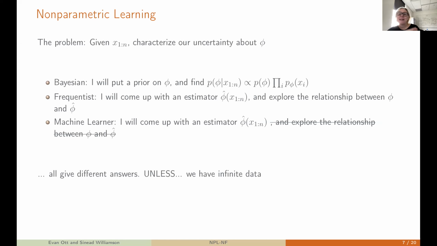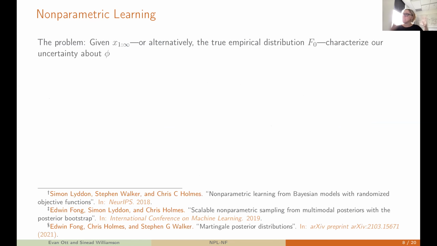But as my data size increases, these answers get closer and closer, right? And that's why the machine learning approach is usually fairly reasonable. They have a lot of data. There probably isn't as much uncertainty as in the data sets that statisticians work with. So while these approaches are different, as we get to having infinite amounts of data, everyone's answer becomes the same, right?